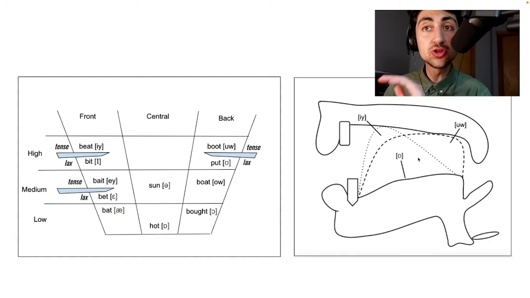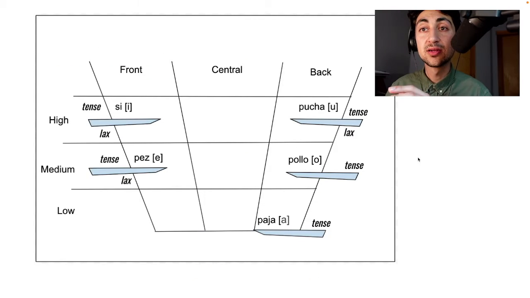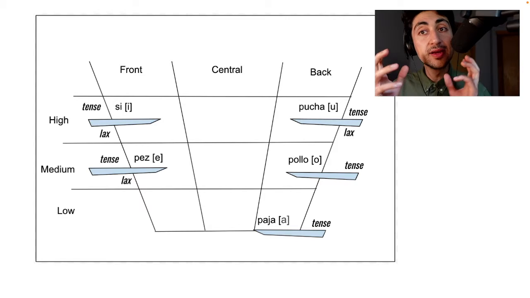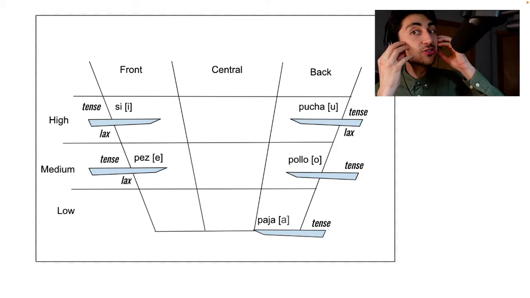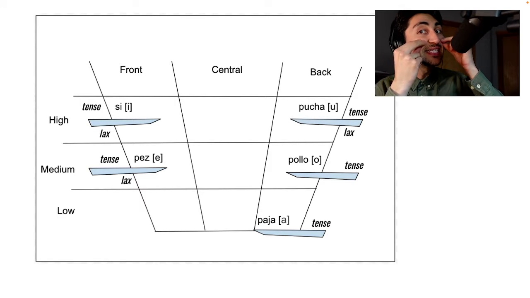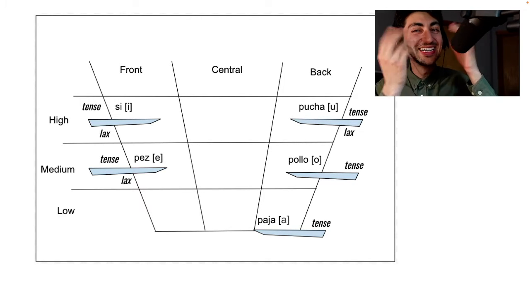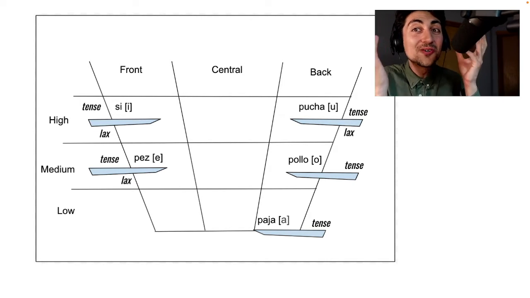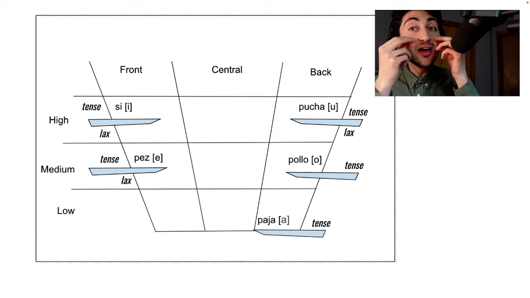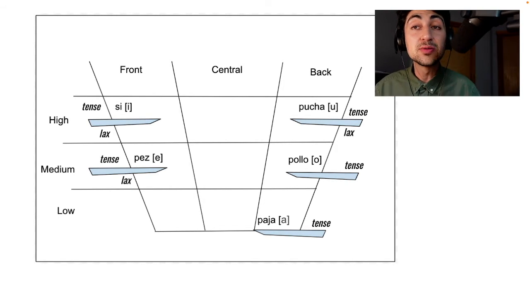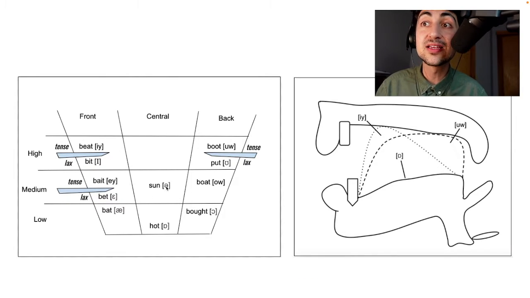En español todo es tenso. And this is important. In Spanish, your vowels will stay where they are. Si está aquí, it's going to stay there. But in English, any vowel, cualquier vocal, puede reducirse, puede cambiar y se hace como este sonido acá.